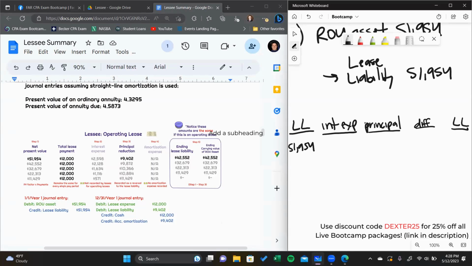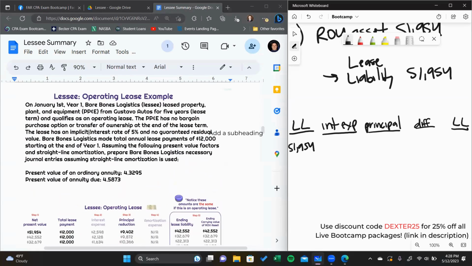Now with bonds, it's a little bit more tricky because we have to manage two rates, right? Especially if there's a discount or a premium. We have to manage the market rate and the coupon rate. For this, we're just using one rate, right? So in this case, we're told the implicit rate is 5%, so that's what we use.